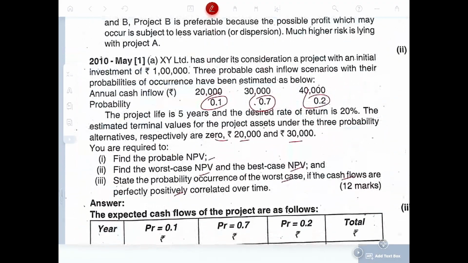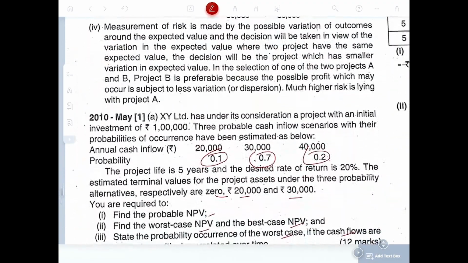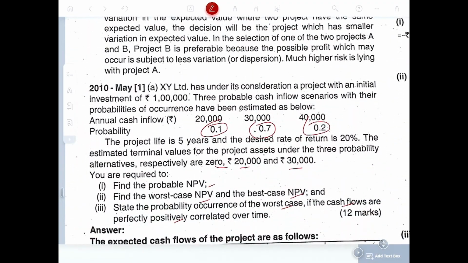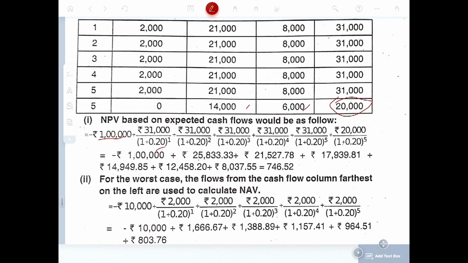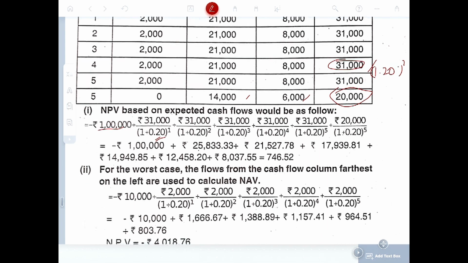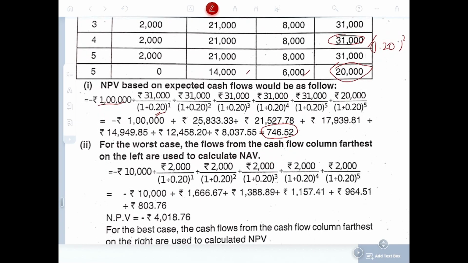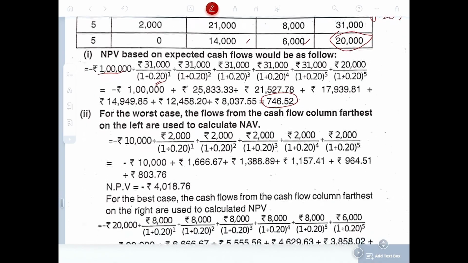How did the 20% come? The desired return for the project is 20%, so annual 31,000 is divided by 1.20 for years 1 to 5. What is the total net present value of the project? It is 746 rupees, the net profit of the whole project.